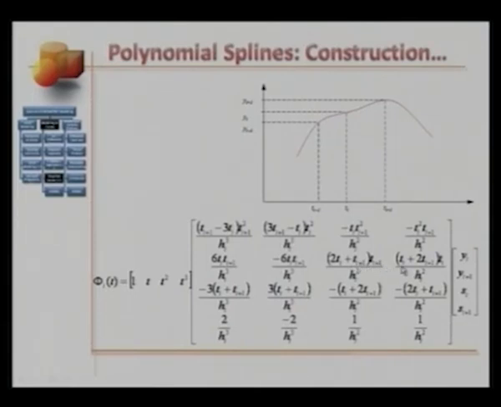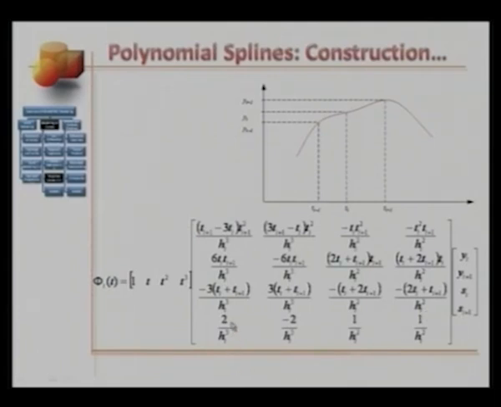The fourth term, t i plus 2 times t i plus 1 times t i over h i squared. In the third row, we have minus 3 t i plus t i plus 1 over h i cubed, 3 t i plus t i plus 1 over h i cubed, minus t i plus 2 t i plus 1 over h i squared, minus 2 t i plus t i plus 1 over h i squared.